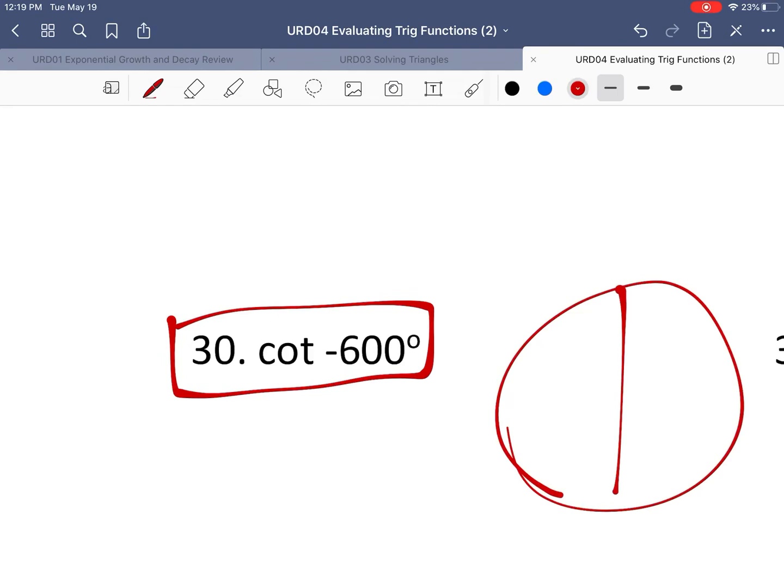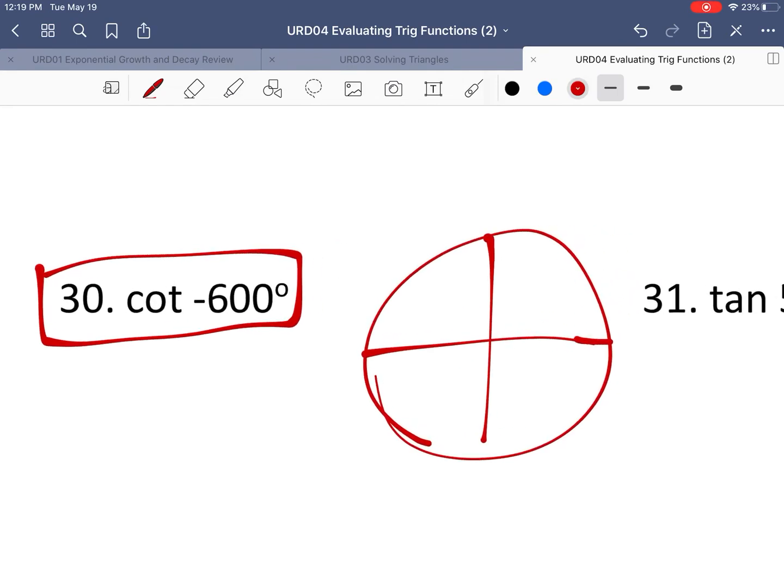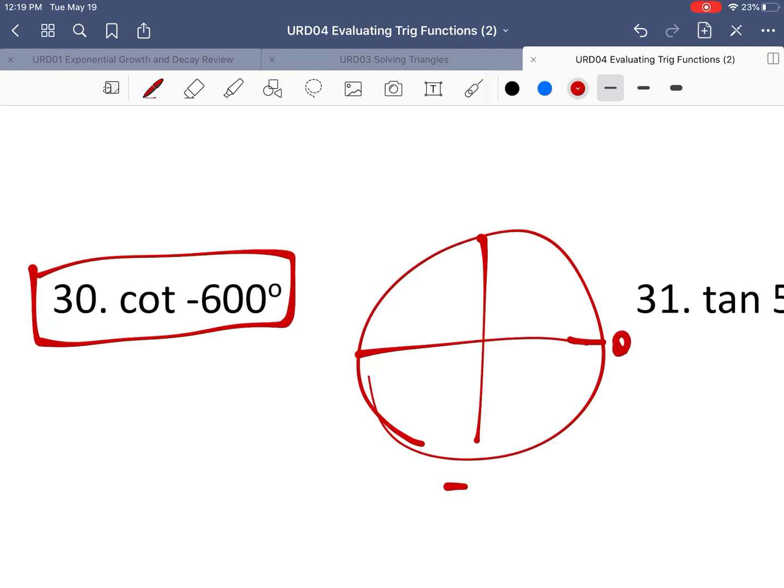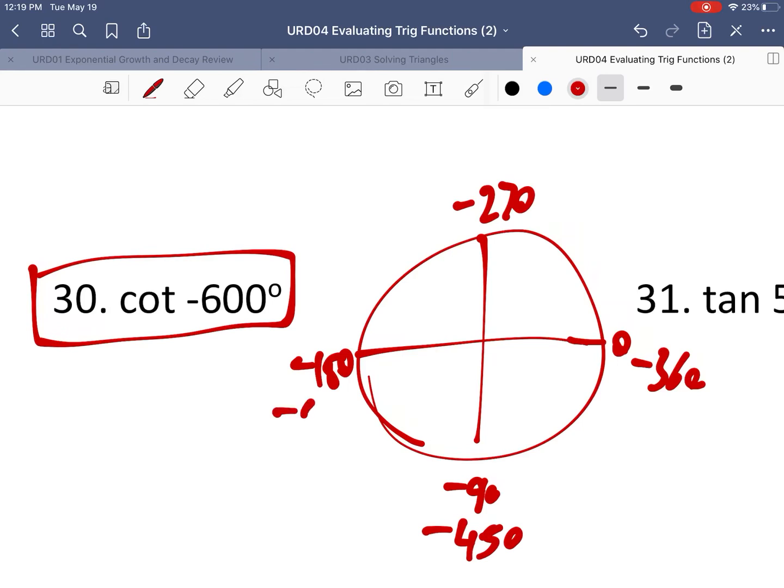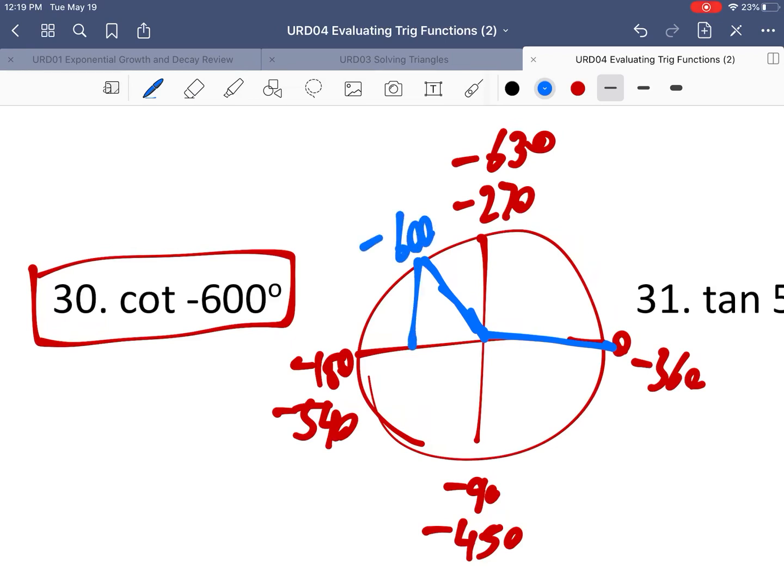negative 600. So if we look at the graph, negative 600 is kind of harder to find. So I want to be very careful when looking for it. So I'm just going to go around the circle. So this is 0, negative 90, negative 180, negative 270, negative 360, negative 450, negative 540, and then this would be negative 630, meaning that negative 600 is going to be somewhere over here.